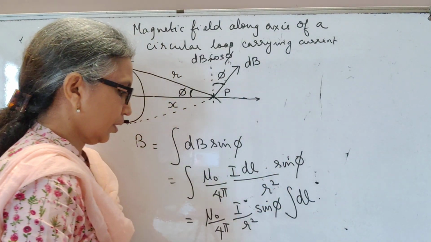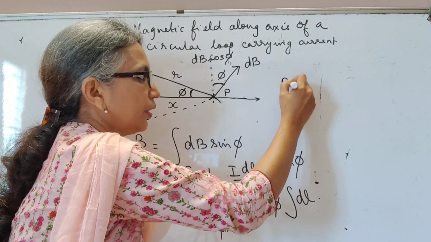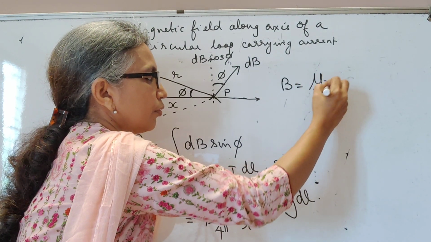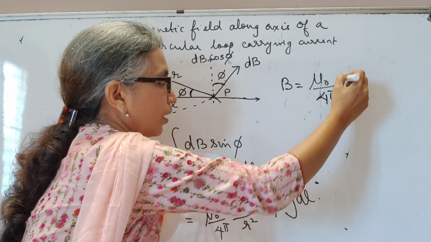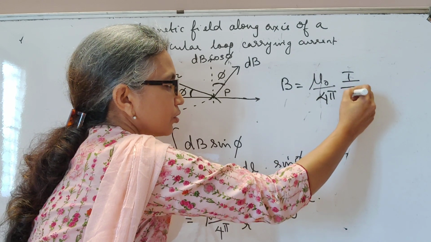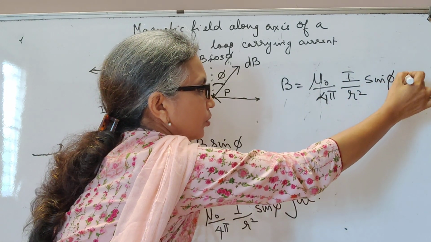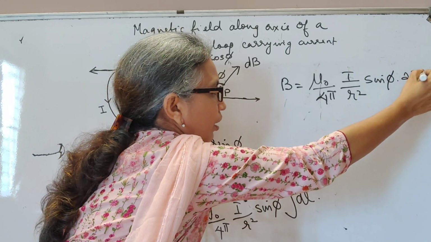So the total field at point P is equal to mu 0 by 4 pi, I by r square, sine phi, into 2 pi r.